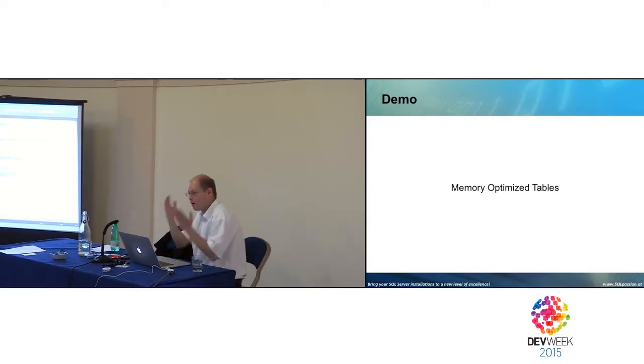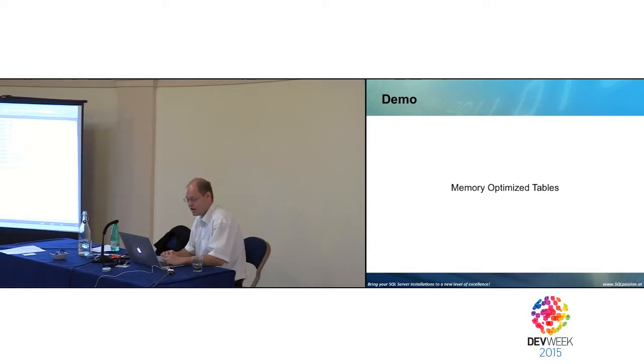That means we now want to change the hash bucket count. In that case, we have to drop our stored procedure because the stored procedure is always generated as schema binding, and you also have to drop your table because you can't change that table later. When we drop that table, we are losing our data. Just think about that, just to change the hash bucket count.